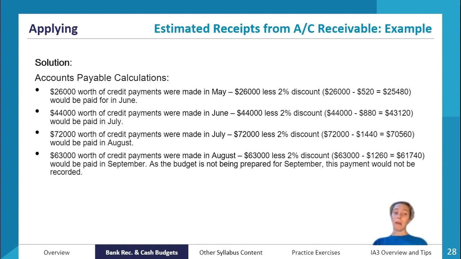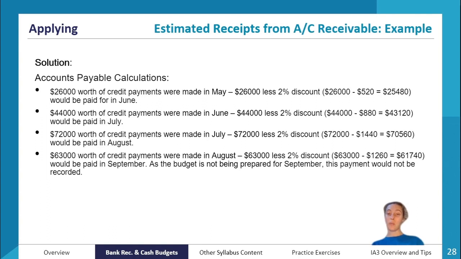Now, on the flip side, we've got our accounts payable transactions, which is a little bit less daunting with the list we have here. So this is, of course, based on what the estimated payments were going to be. So $26,000 worth of credit payments were made in May.